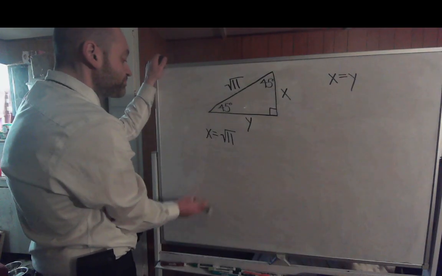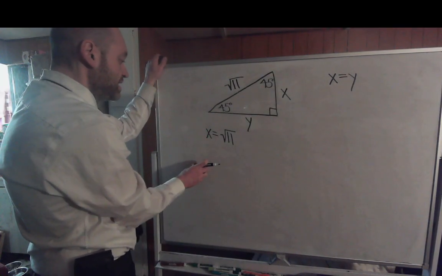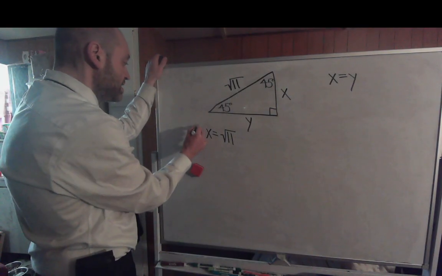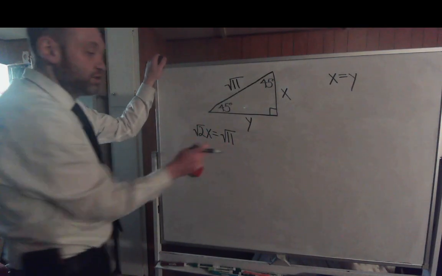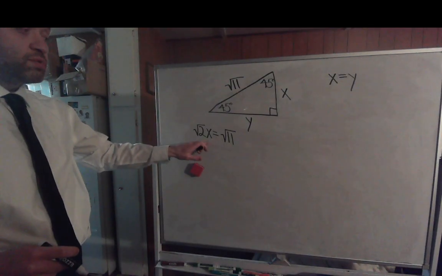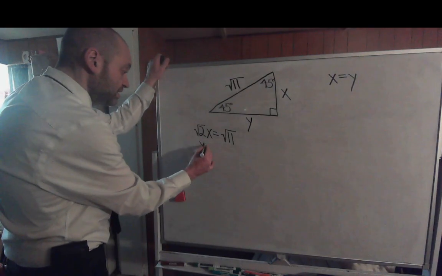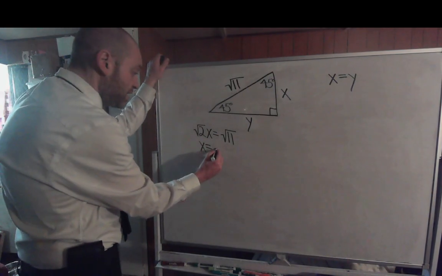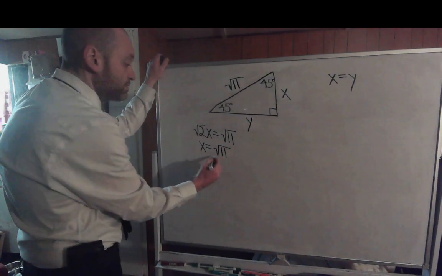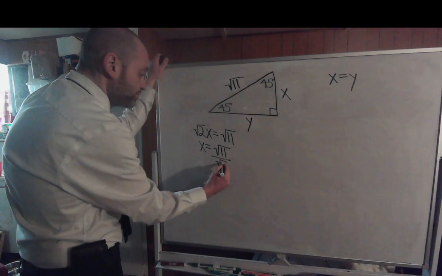So that means then, because the hypotenuse is always the square root of 2 times longer than a leg, a leg would have to be the hypotenuse divided by the square root of 2, wouldn't it?